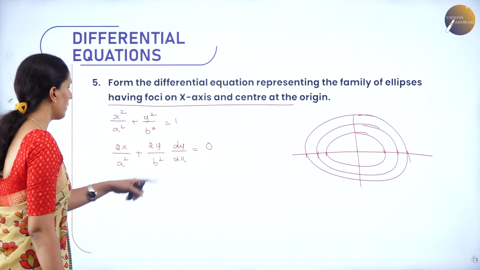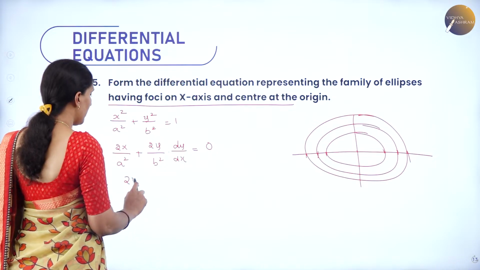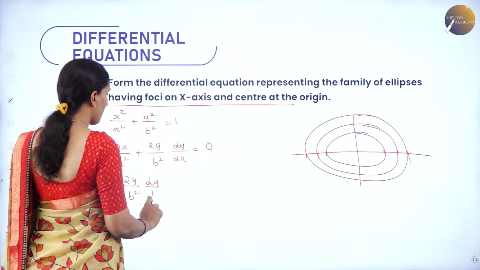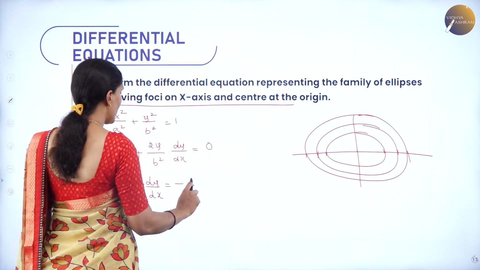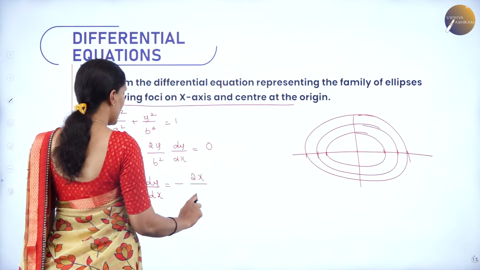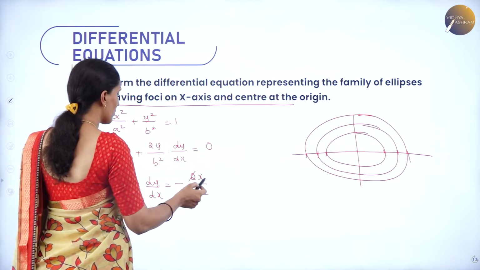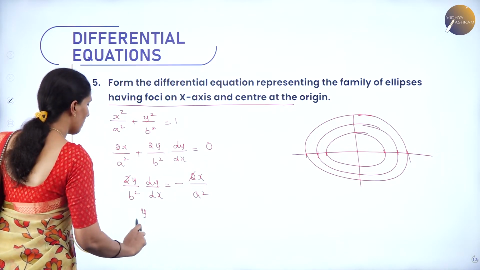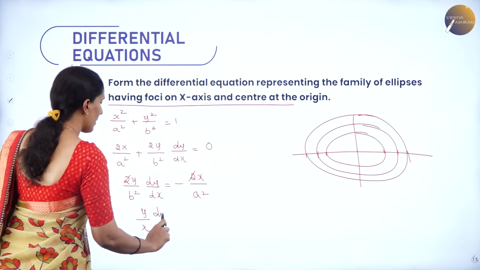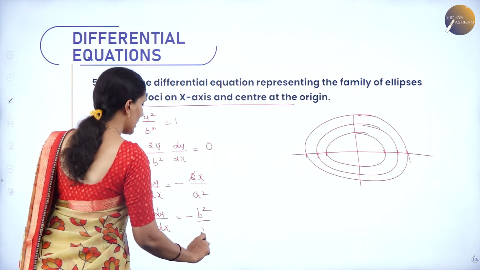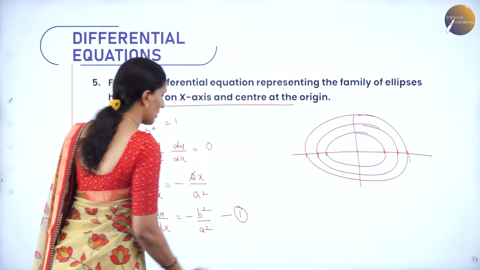So now we have 2y by b square dy by dx is equal to minus 2x by a square. I'll cancel 2 on both sides. I'll shift b square and x here. Then it becomes y by x dy by dx is equal to minus b square by a square. Let me take this as equation 1.